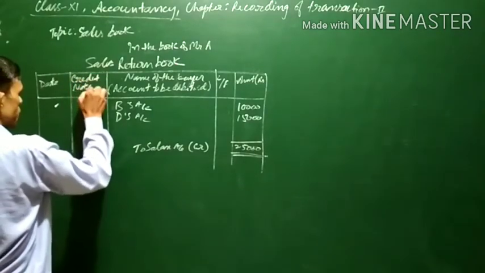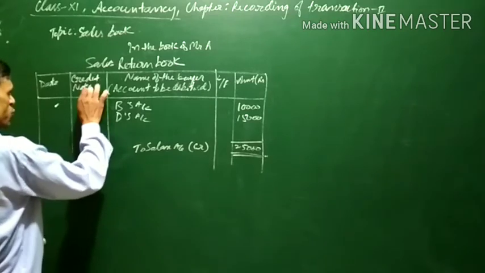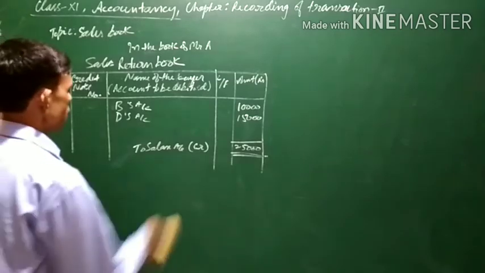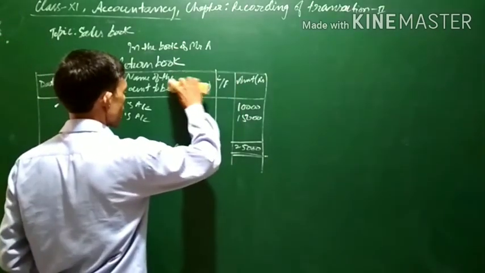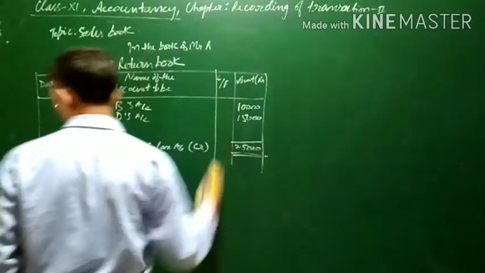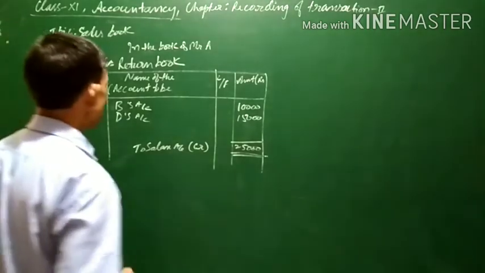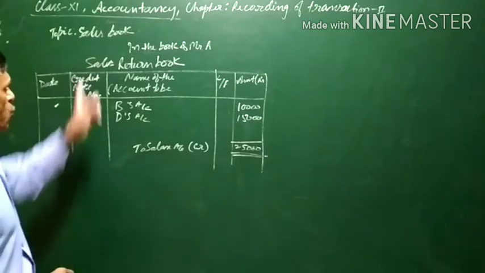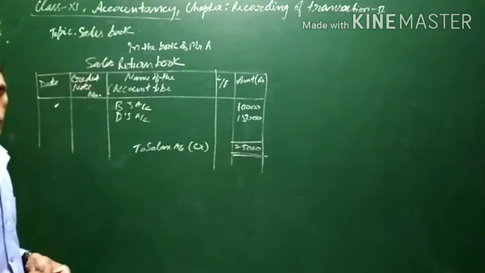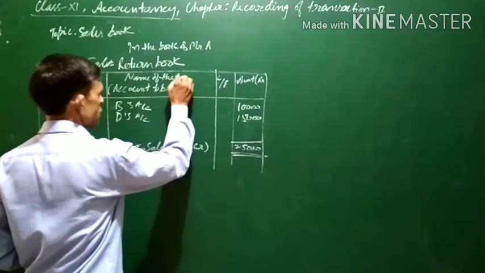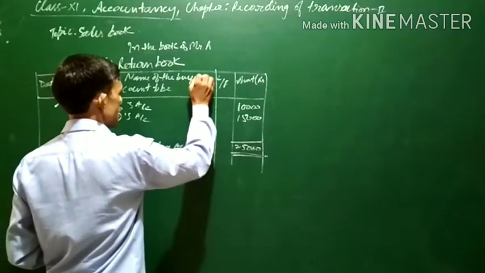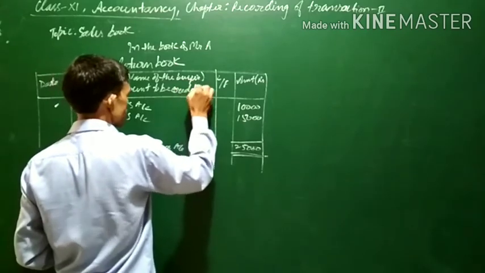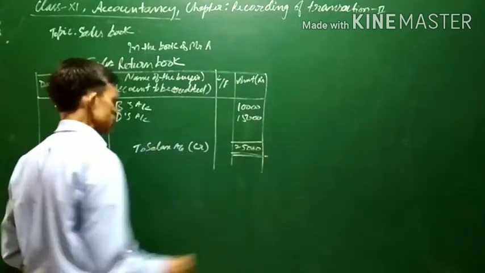Why this is done, we will discuss now. And here the name of the buyer, whoever has returned the goods when sales return is done, will be written, and "account to be credited". This is written.